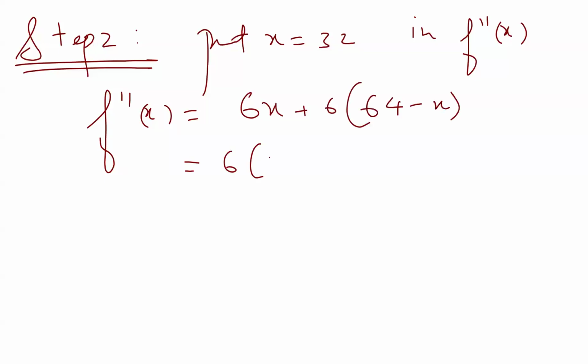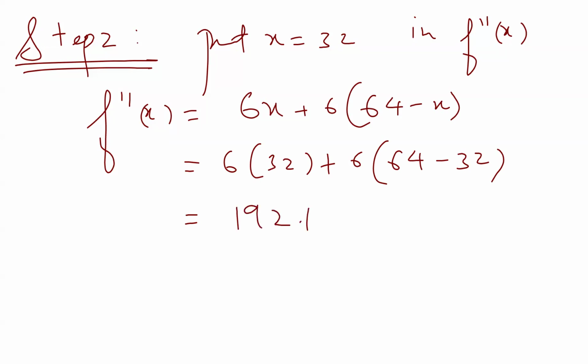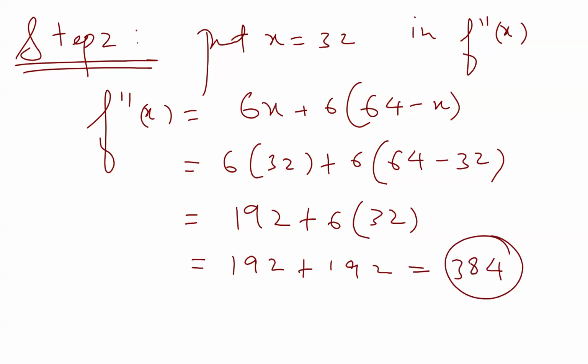So put the value of x as 32. Now 6 into 32, 192, plus 192, 384. This value is greater than 0.